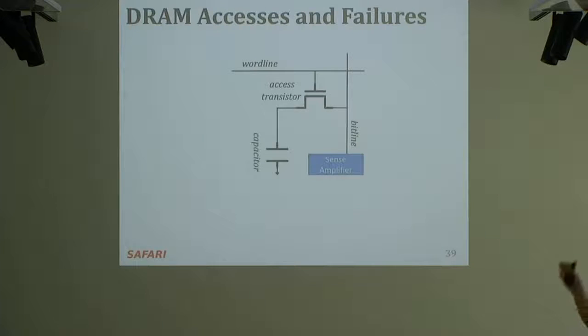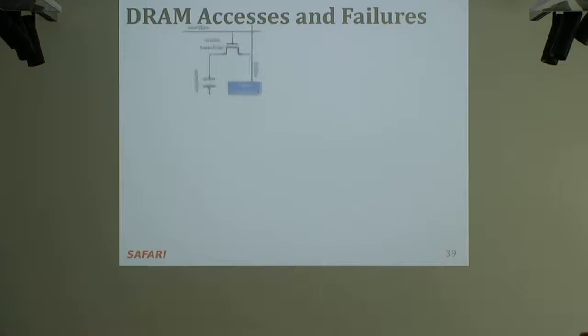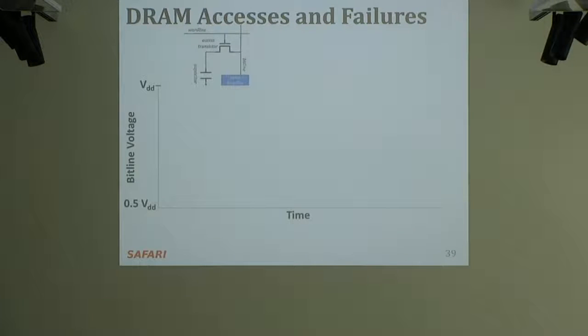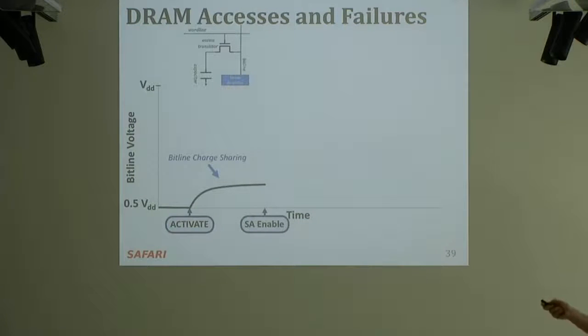We've seen this before, but I'm going to put this in more context. So this is our cell. Remember this time versus bitline voltage. Essentially, whenever you do an activate, this is the voltage that you have on the bit line, right? Assume that the cell is charged, and whenever you do an activate, the charge is shared with the bit line.